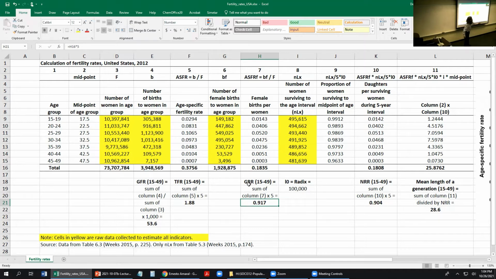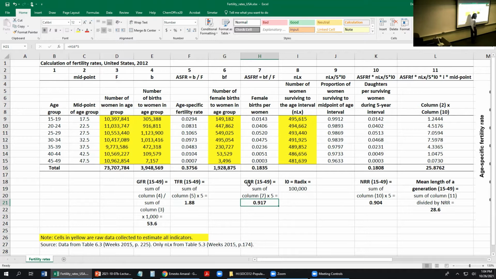So these ones here are the age-specific fertility rates only considering female births that take into account information about mortality of the mothers.